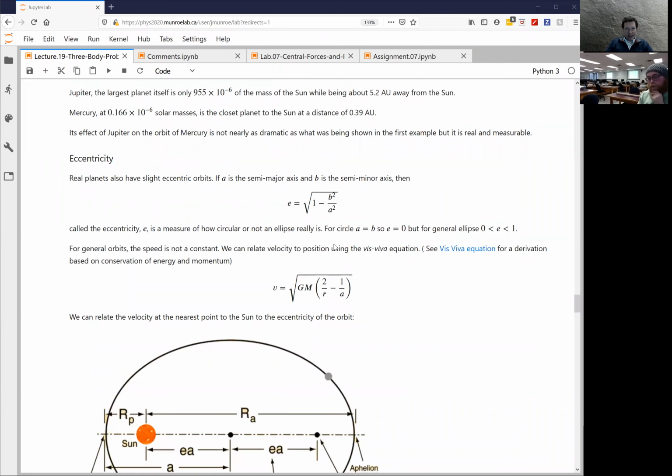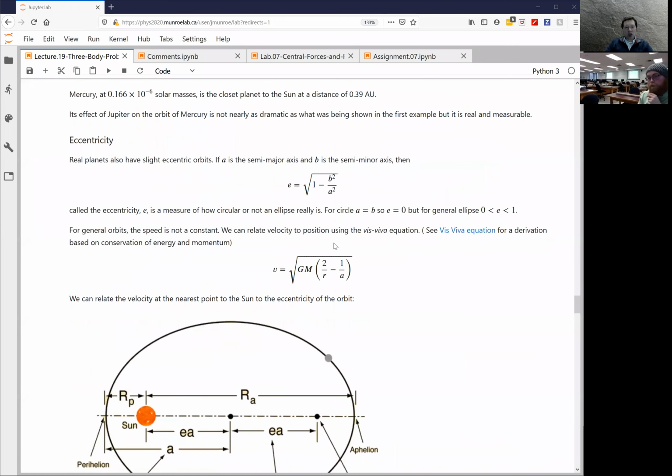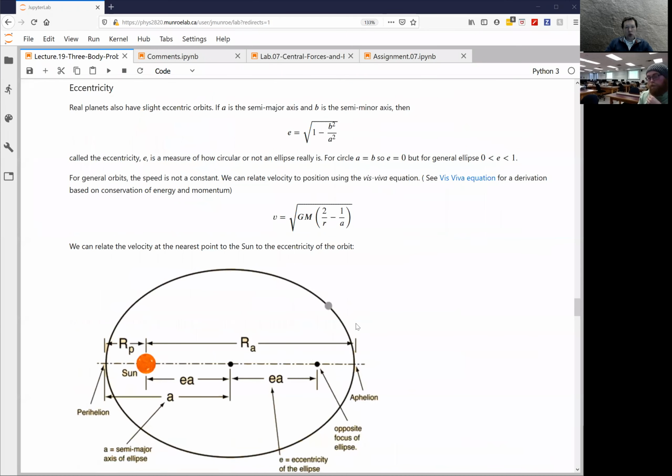You can relate the speed of something going around the Earth to its location. We already saw this before in the previous setup. When I'm dealing with an orbit, there's an orbit around something which might be circular.